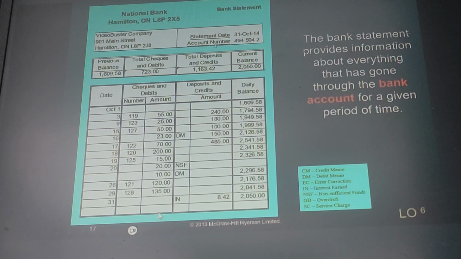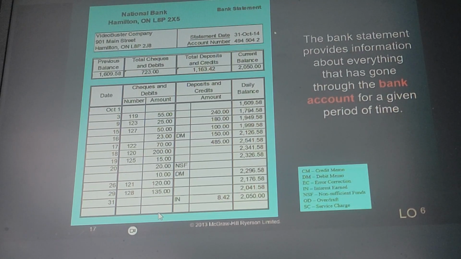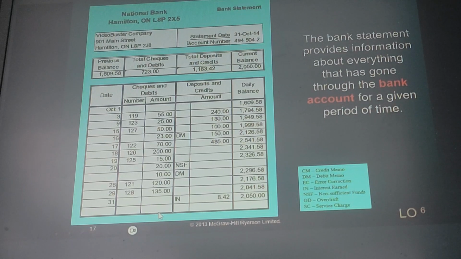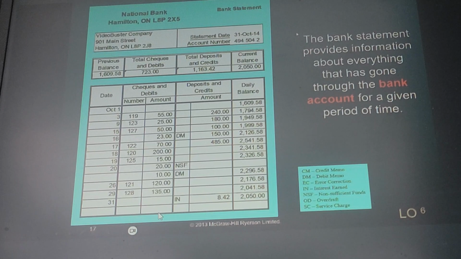So this is a sample of a bank statement. Okay, so it provides information about everything that has gone through the bank account for a given period of time. Usually, like I said, this is monthly. Okay, so statement date is 31st of October, whatever the year is.